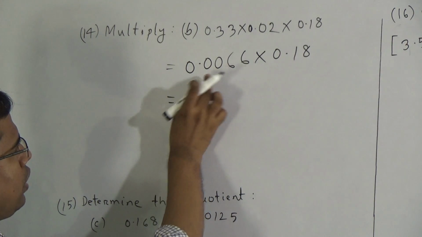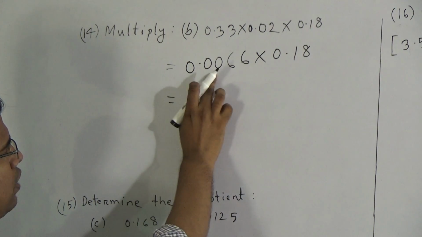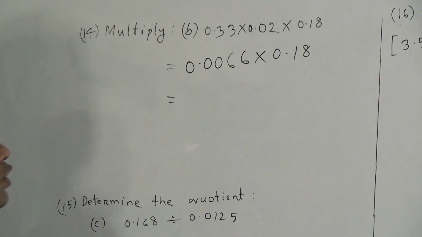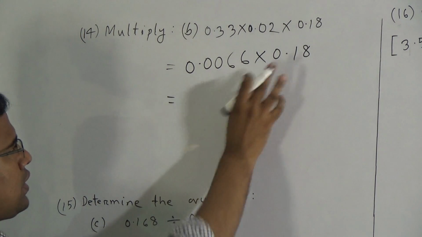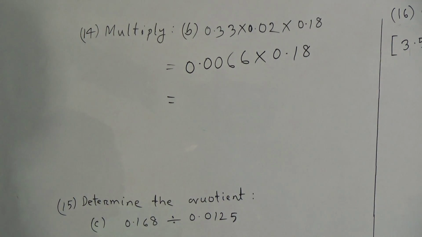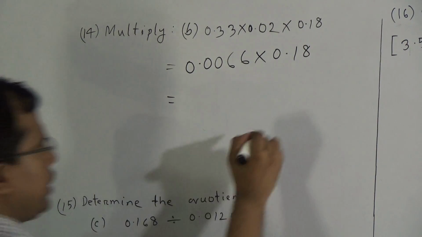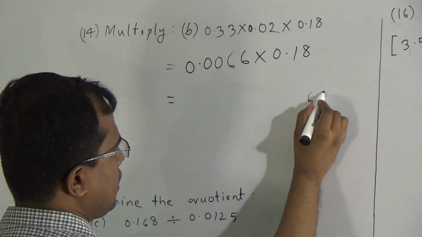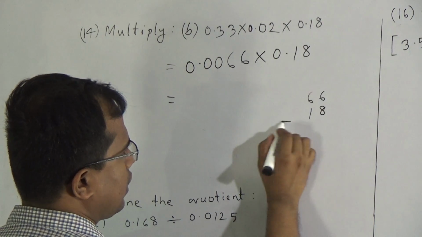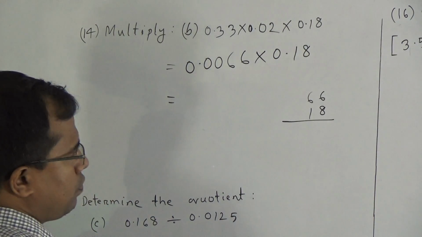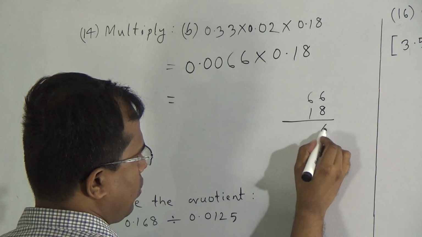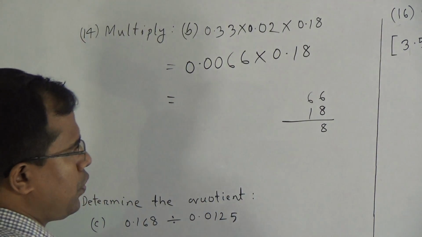Dear students, now we will multiply 0.0066 with 0.18. Similarly, at first we will multiply 66 with 18 without considering the decimal point. Here we will use rough 66 and 18. Here 8 sixes are 48. From 48 we will write 8, carrying 4.